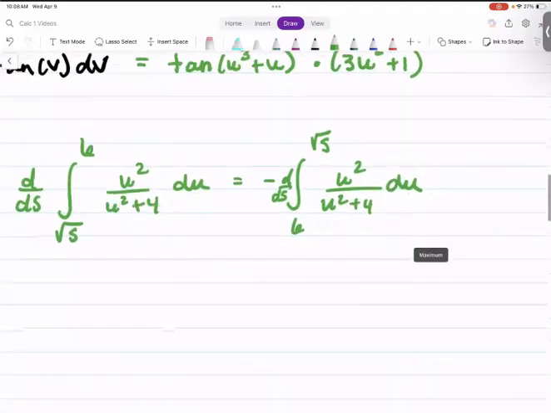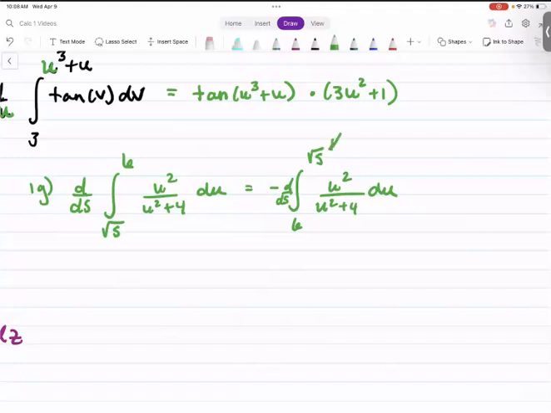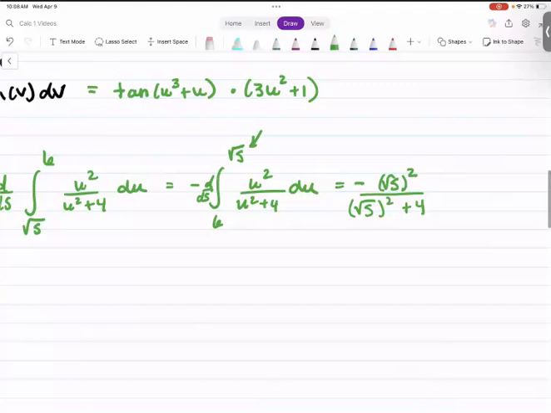And now we're ready to apply the theorem, but note that this is not just s, but a function of s, so we're going to do the chain rule. So it should be equal to the negative of the inside function evaluated there, so the square root of s squared over the square root of s squared plus 4, and then times the derivative of the square root of s, which is 1/2 s to the negative 1/2.